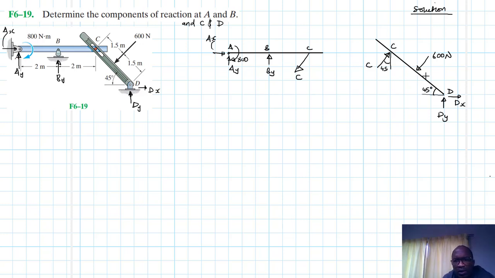So this point is C, this point is D, and then the dimensions, let's indicate the dimensions.